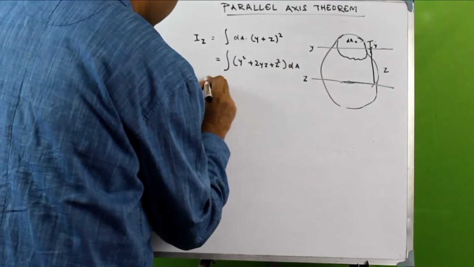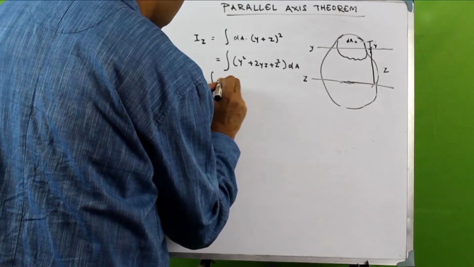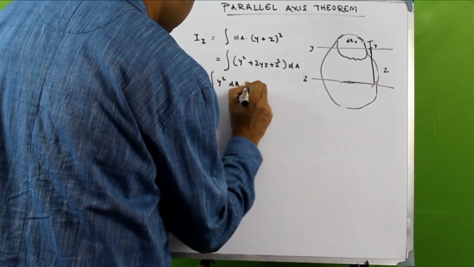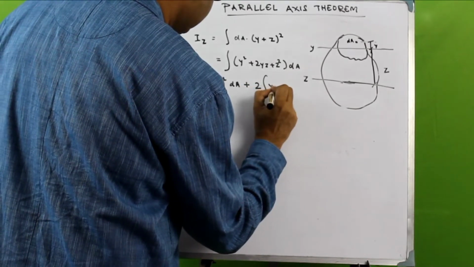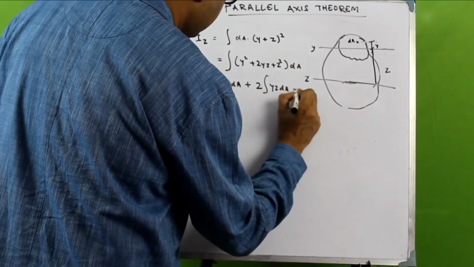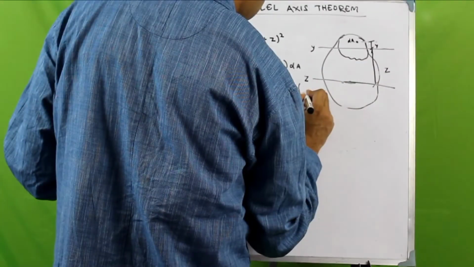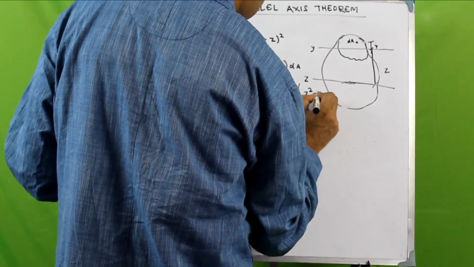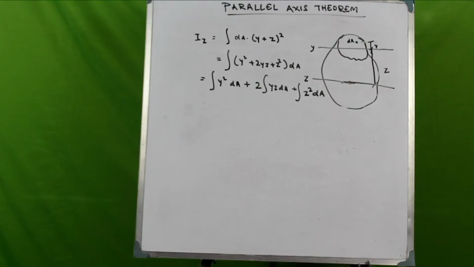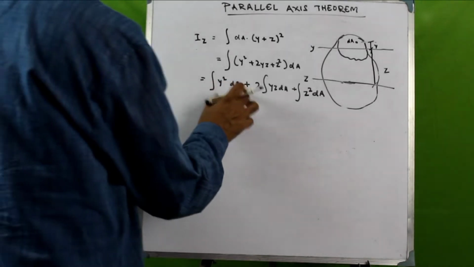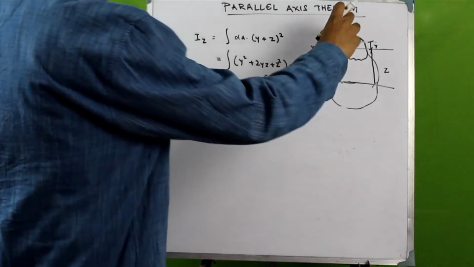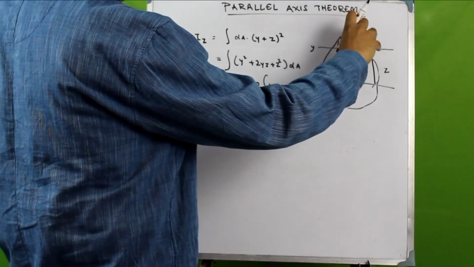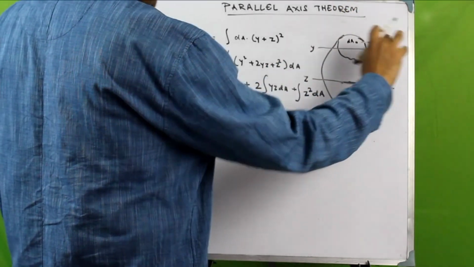Now, we can then write this as y square dA plus 2yz dA and z square dA. Now, this first term is what? This is the moment of inertia of this part area about the y-axis.